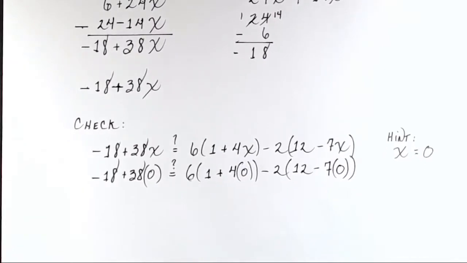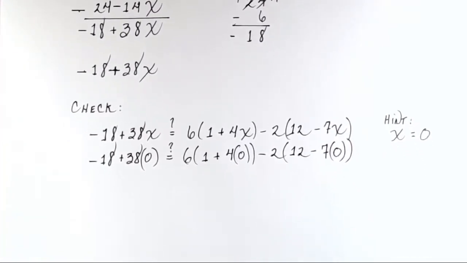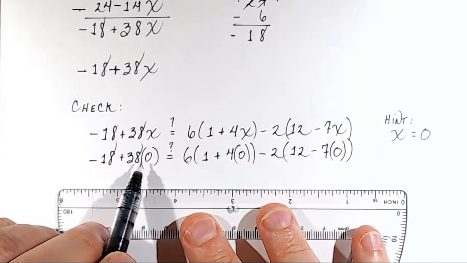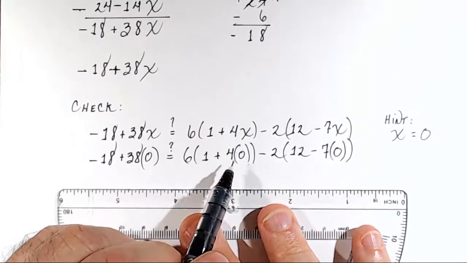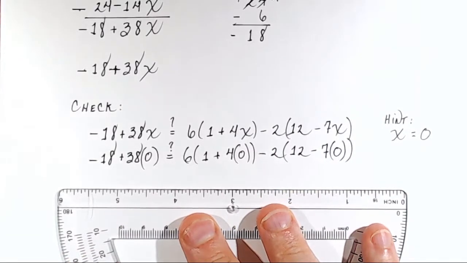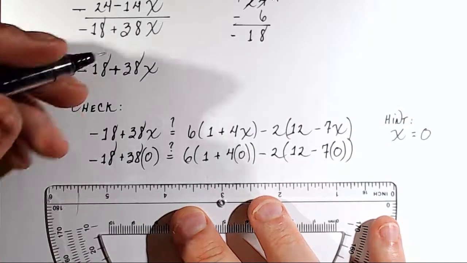Again, right now it looks like we've created ourselves a monster, but it really isn't, because 38 times 0 is just 0, 4 times 0 is 0, and 7 times 0 is just 0. So we'll go and simplify this a little bit.